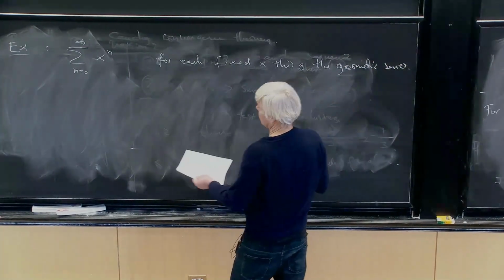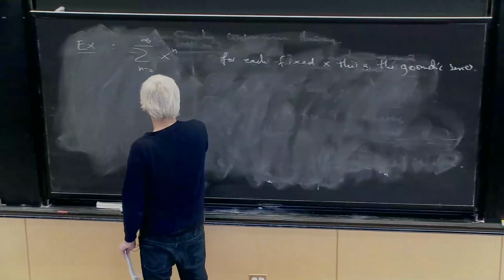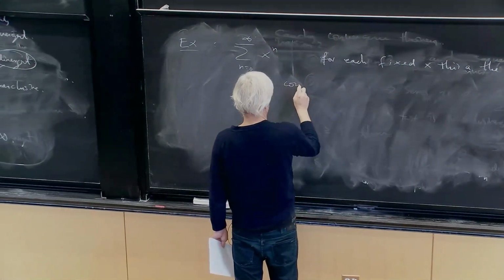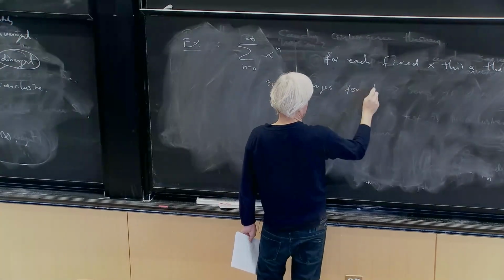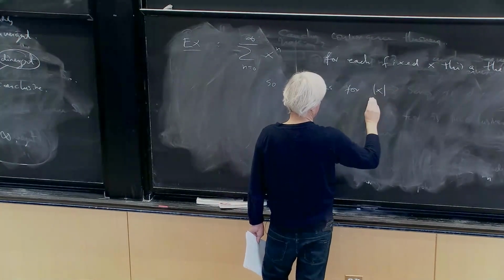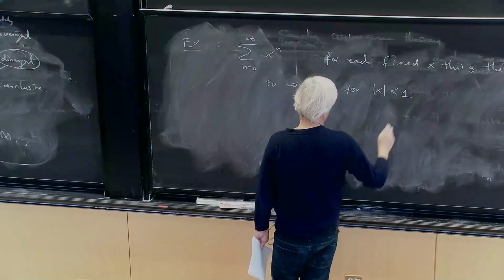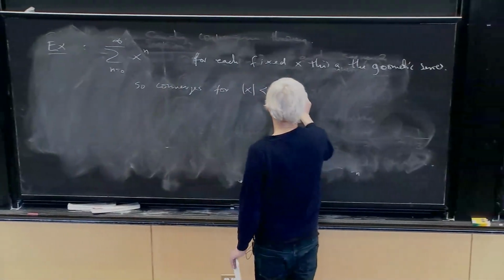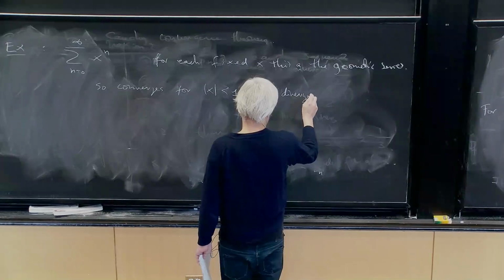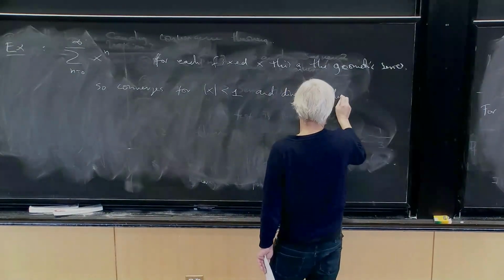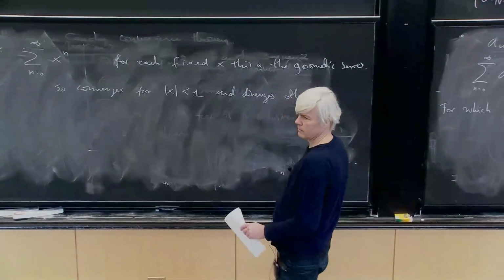So we already know that this converges for as long as the absolute value of x is less than 1, and we also know that it diverges otherwise, right? Because we've already determined that.